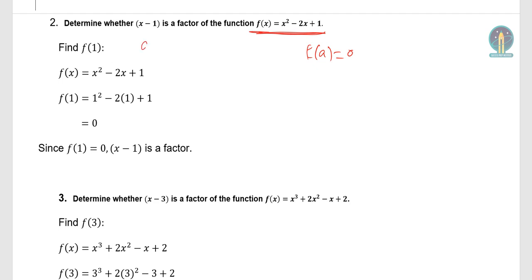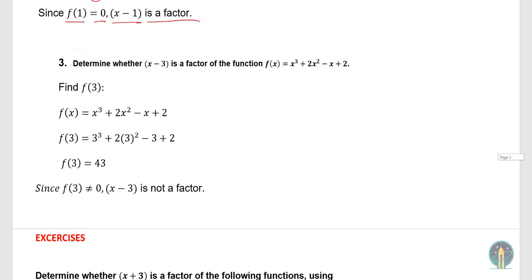So in this case, a is equal to 1, so we just find f of 1. So f of 1 becomes 1 squared minus 2 times 1 plus 1. 1 squared is 1, minus 2 plus 1, which is equal to 0. So x minus 1 is a factor of this polynomial. Since f of 1 is equal to 0, x minus 1 is a factor.